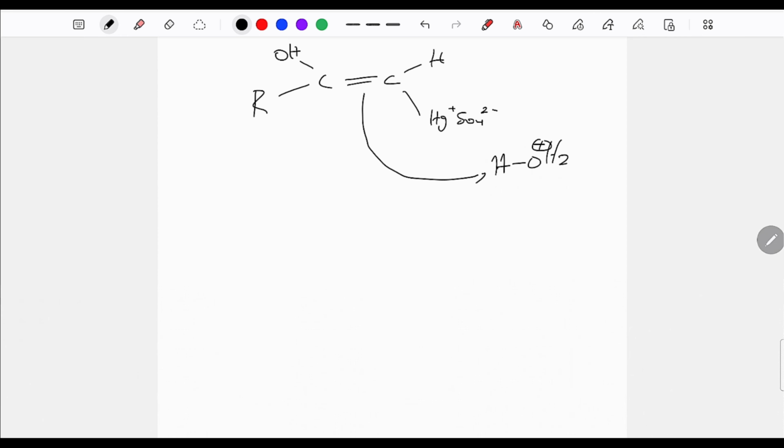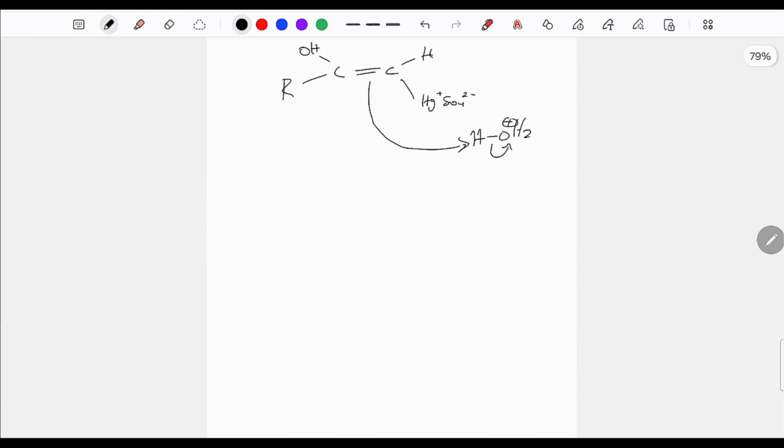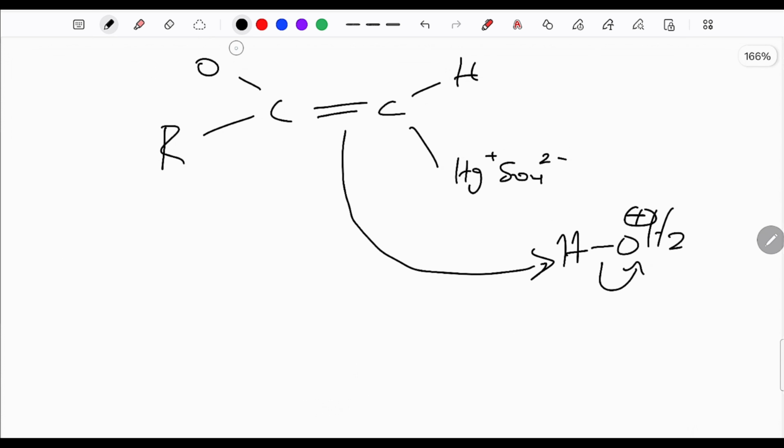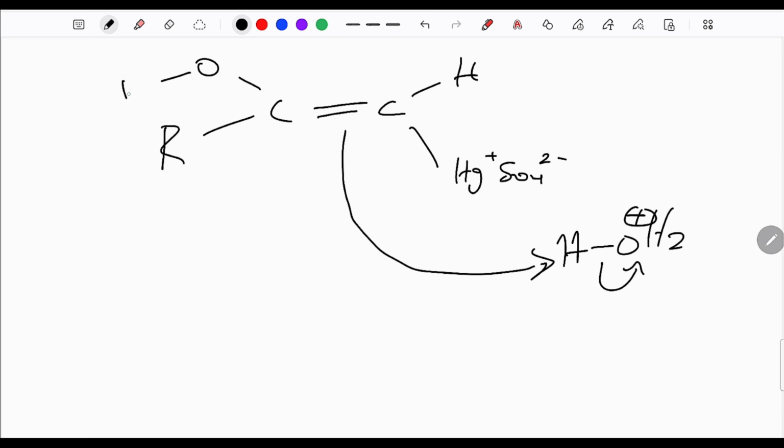This double bond is going to come here. Pack that. And actually, at the same time, we are going to change up here. Remember that we had our OH.